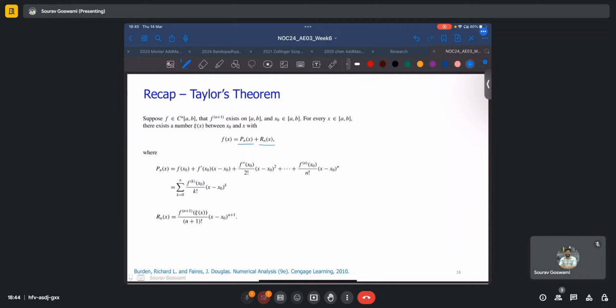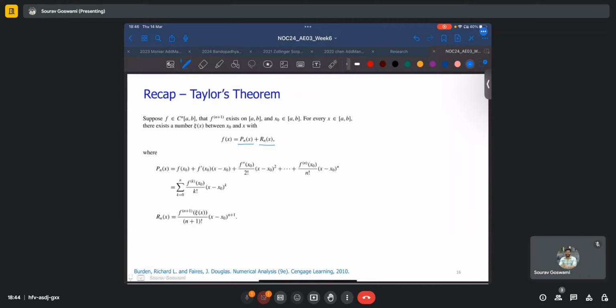of x, where Pn is actually the polynomial found by the series, which is formed by the summation f of x naught plus f prime of x naught times x minus x naught plus f double prime x naught by 2 factorial times x minus x naught square.